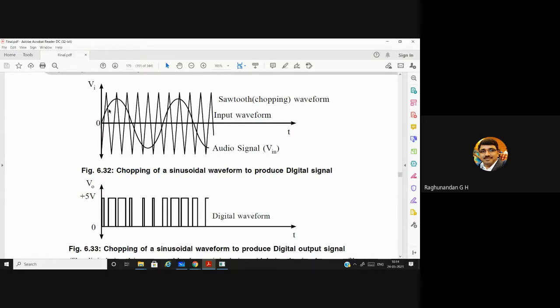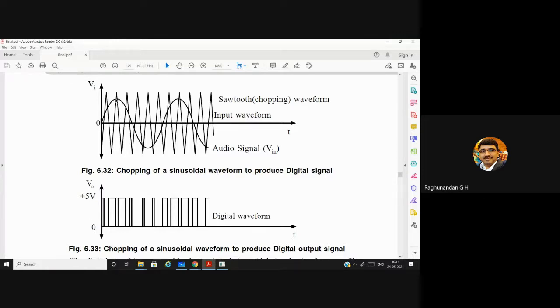Then again, in the next time duration, you can see that for this particular portion, the sinusoidal input is greater than the chopping wave. So during that duration, one more pulse is produced. See, this is a digital waveform. As you know, logic 1 means +5 volts, we consider, and logic 0 means 0 volt.